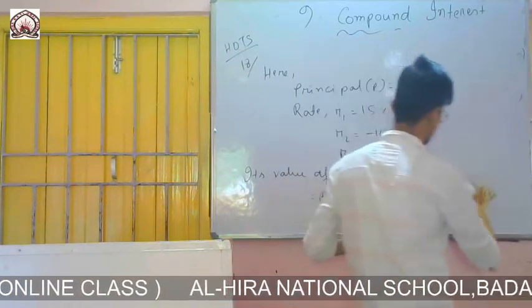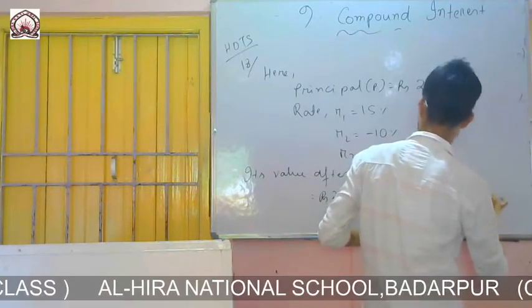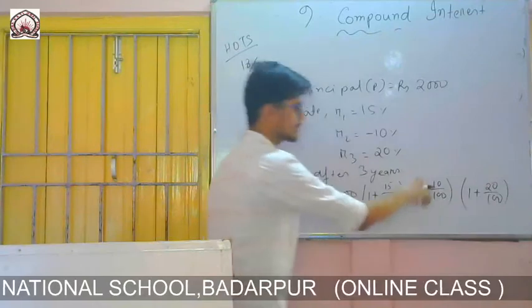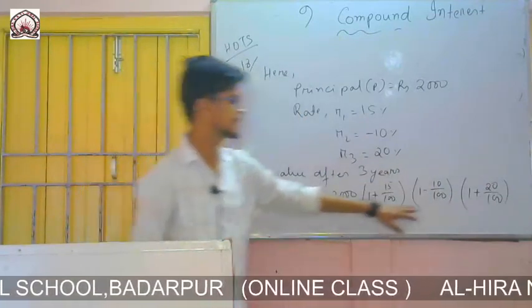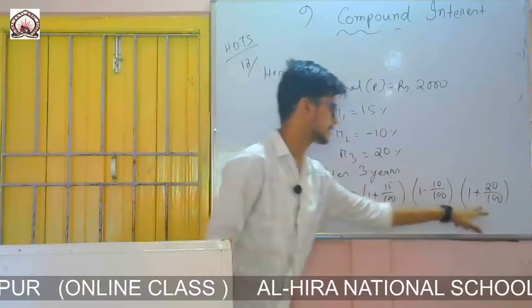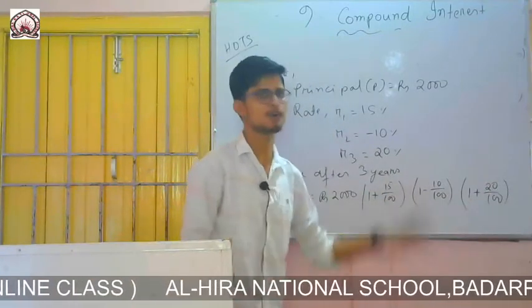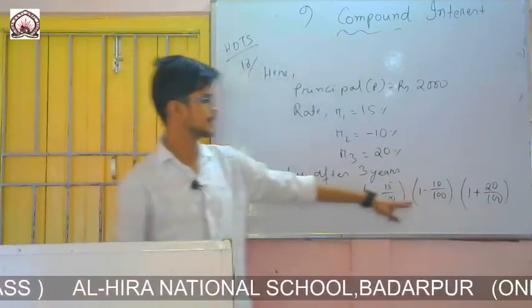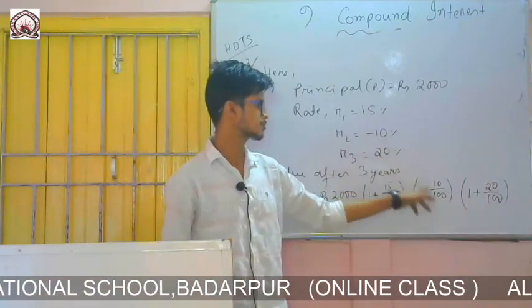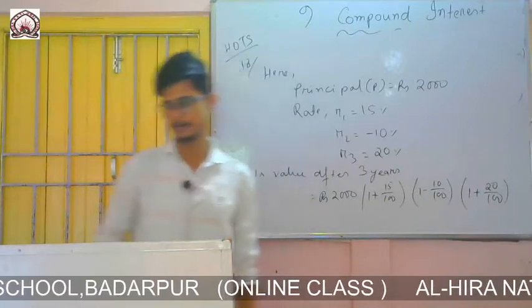Then the third one is again 1 plus 20 by 100. Why have I given the minus sign here? Because in the second year he suffered a loss. In the first and the third year he had a profit, so I have given the plus sign. In the middle year he suffered a loss, 10% is given, so I have given minus 10 by 100.